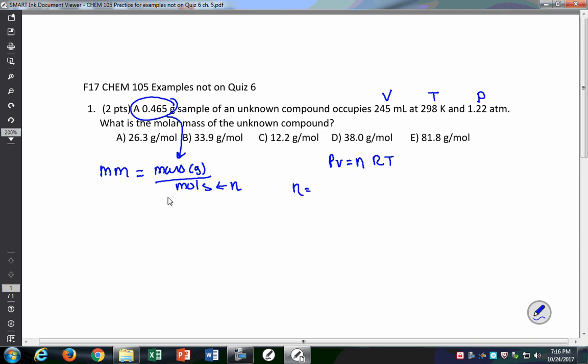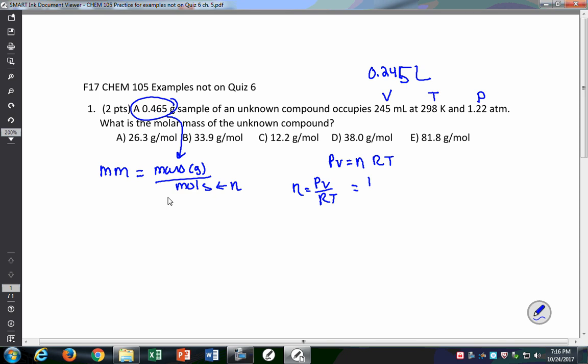n is equal to PV divided by RT. Now one note, volume is in milliliters, so we have to convert that to liters. So that is one thing we do have to do. Temperature is in Kelvin, we're good there. Pressure is in atm, we're good. So we can calculate our amount of moles. We already have the mass.